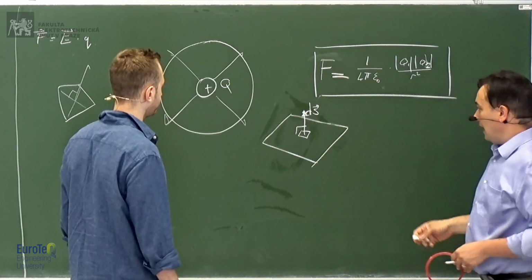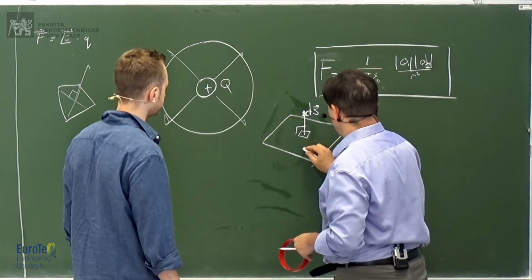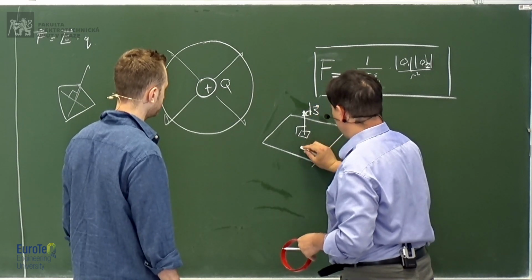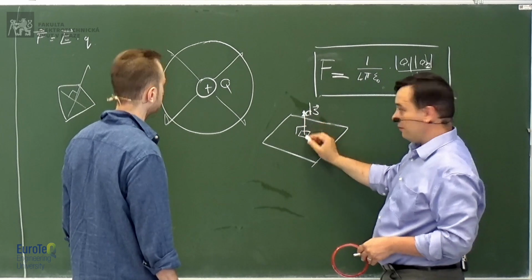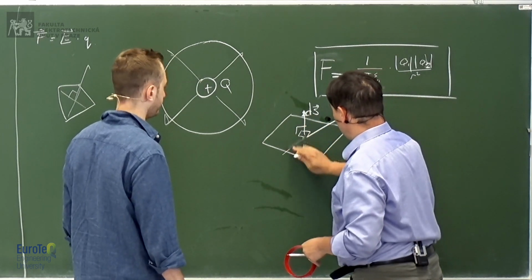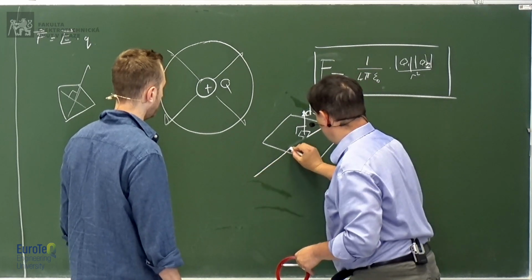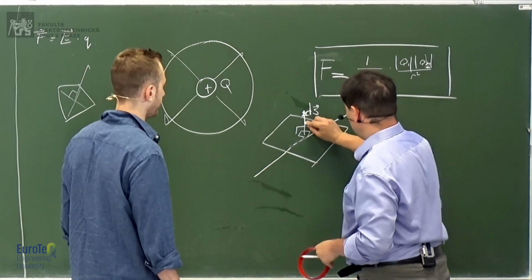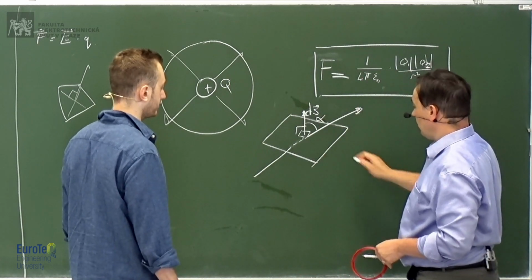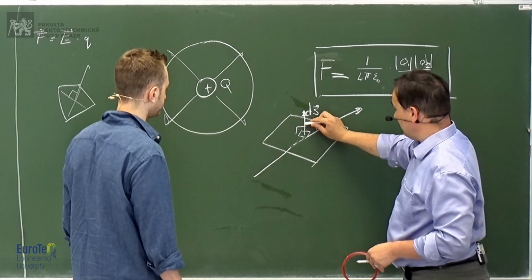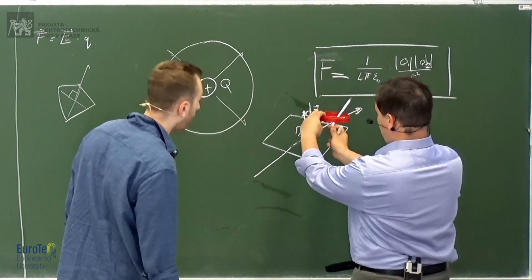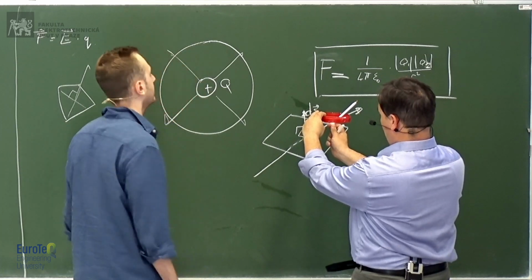And if you have a field which is not parallel to ds, so not orthogonal to the surface, but skewed, cutting the surface this way.